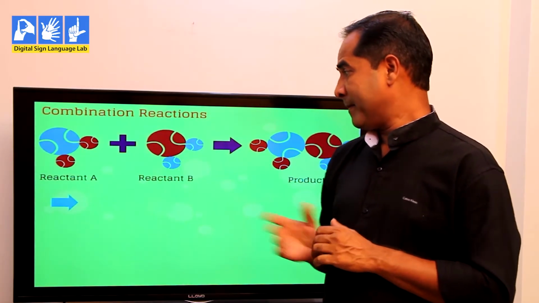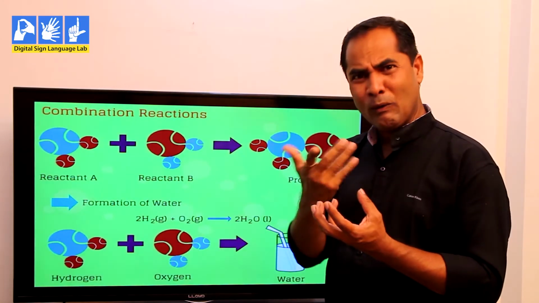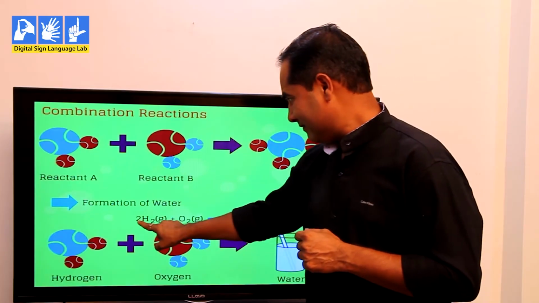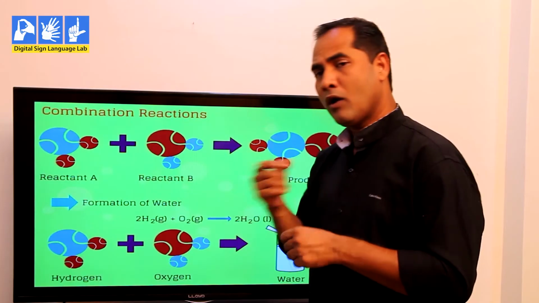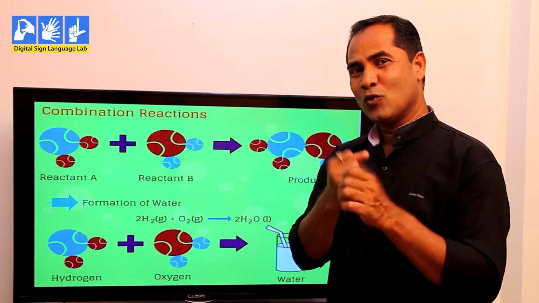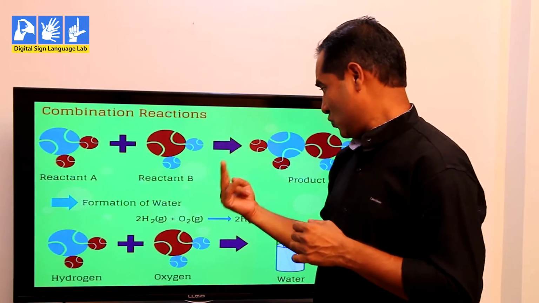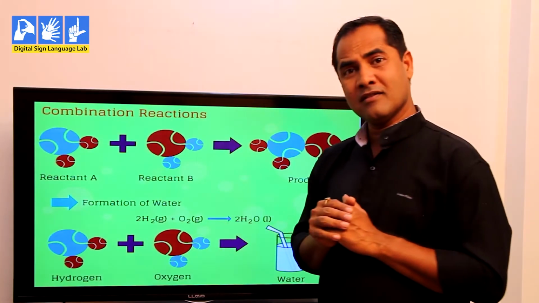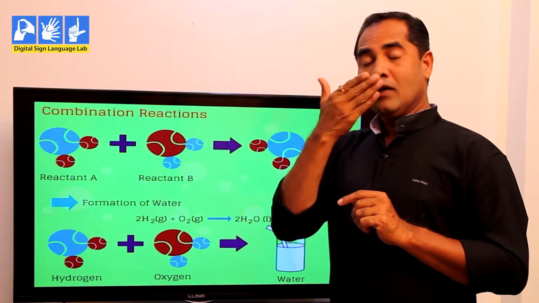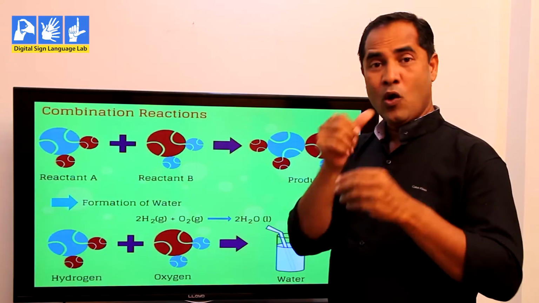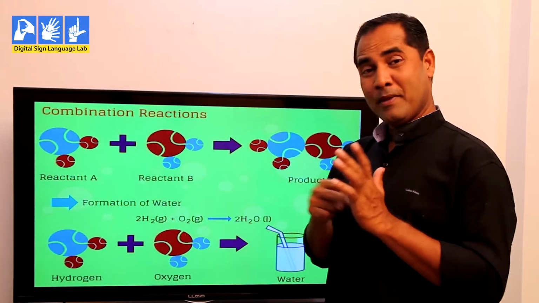We'll see one more example. Formation of water. So we have two molecules of hydrogen combining with one molecule of oxygen to make water.